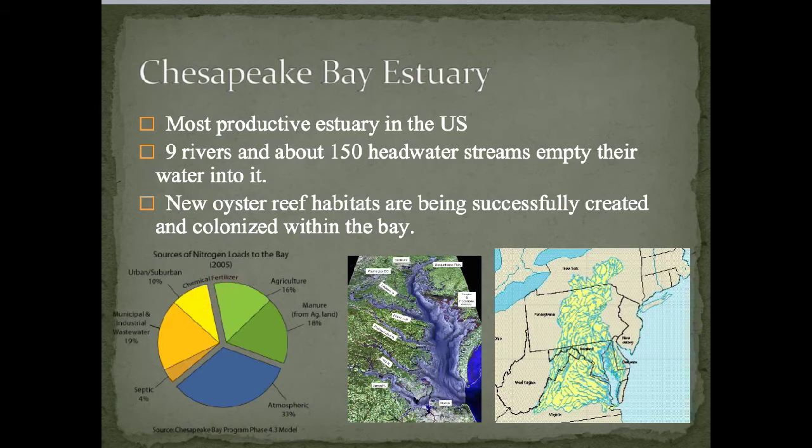And you can see we get different concentrations of chemical fertilizers and different areas where this nitrogen is being run off into this estuary. Agriculture making up 16%, manure from agriculture, atmospheric nitrogen through fixation, about 33%, septic, all right?